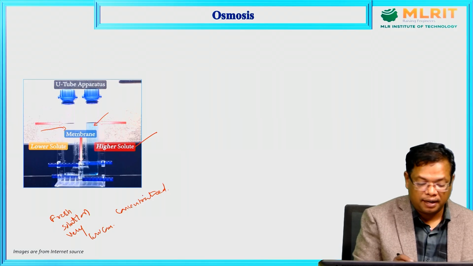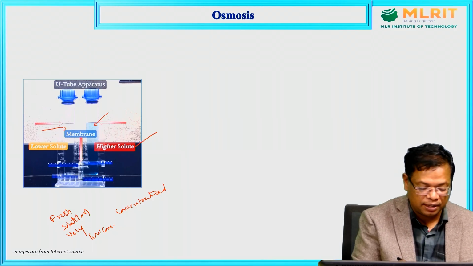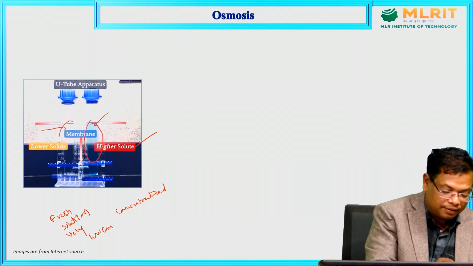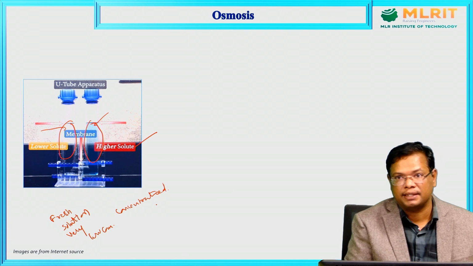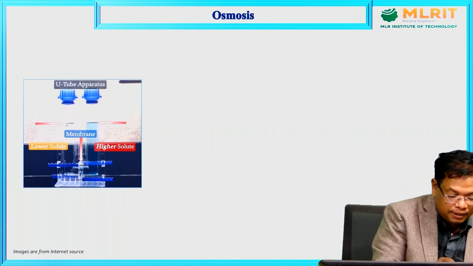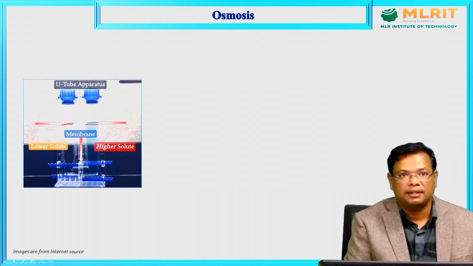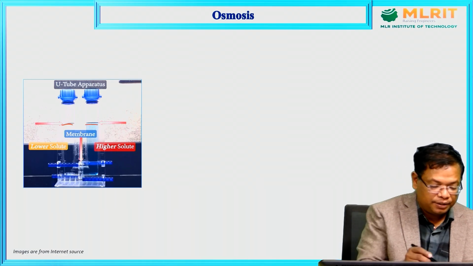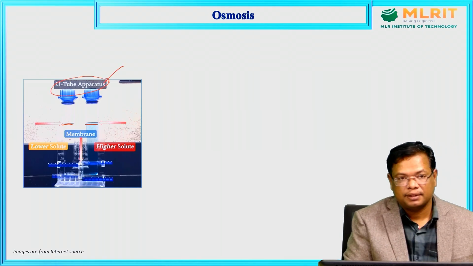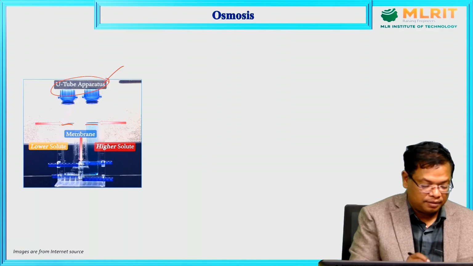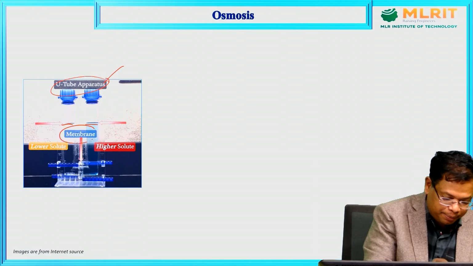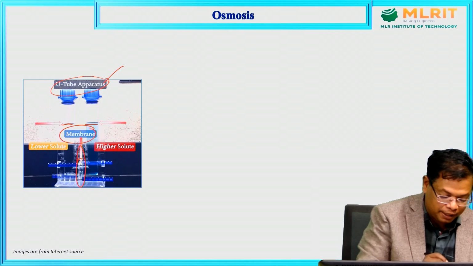It implies that higher substance of the solute is dissolved in this liquid, and this is fresh liquid with low concentration. So, both are now at the same levels. If you look into this U-tube apparatus, both are at the same level of solution with different concentrations, separated by a semi-permeable membrane. This is the semi-permeable membrane.